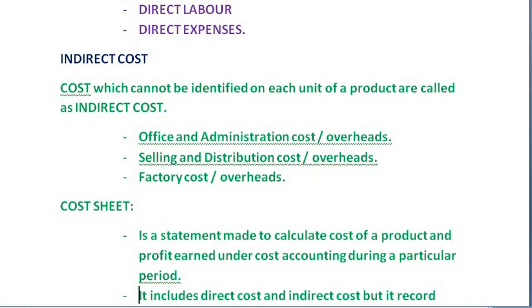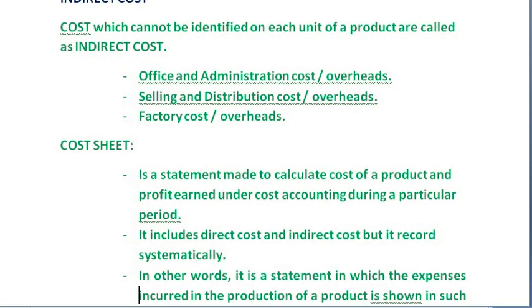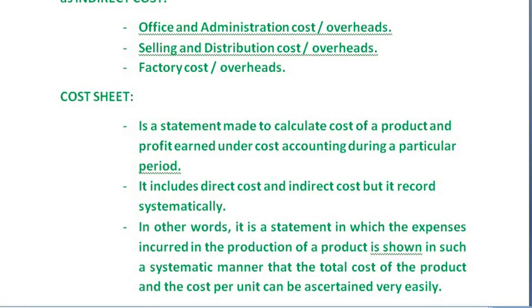The next one we are going to discuss is the term cost sheet. Cost, as we have already discussed, is nothing but the expenses. Sheet is nothing but a statement. So the statement which contains different types of expenses for a particular production or a particular activity for a specific period, that statement we can call a cost sheet.